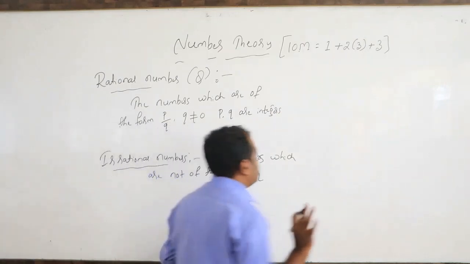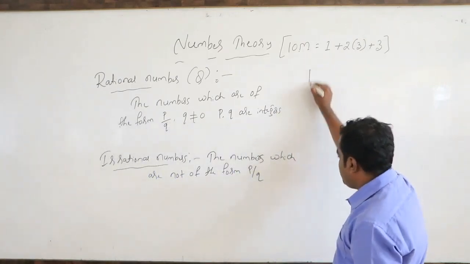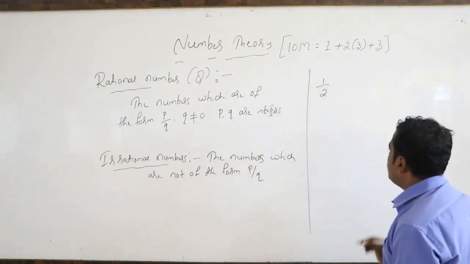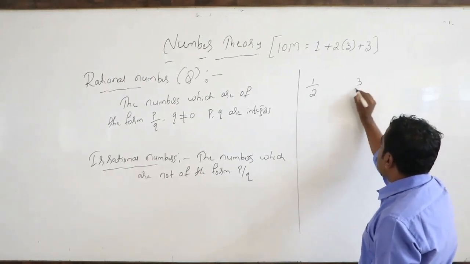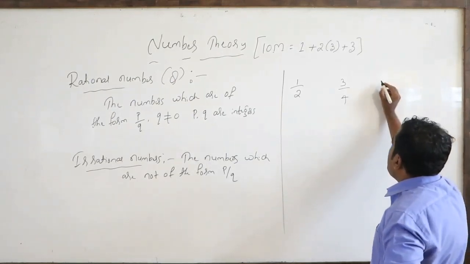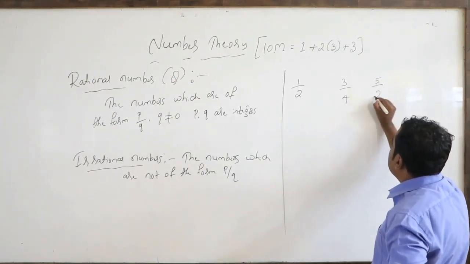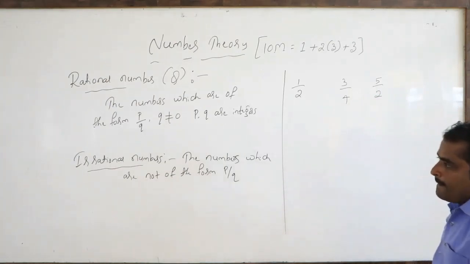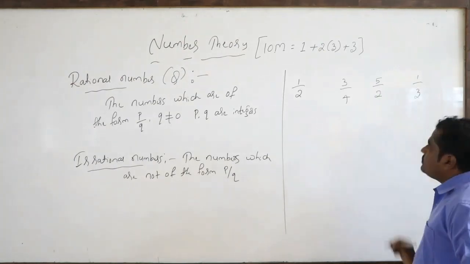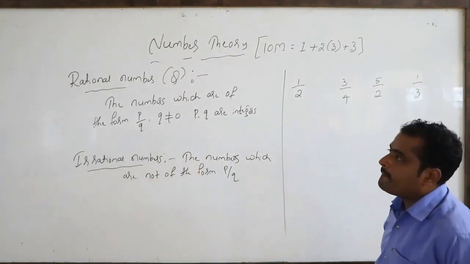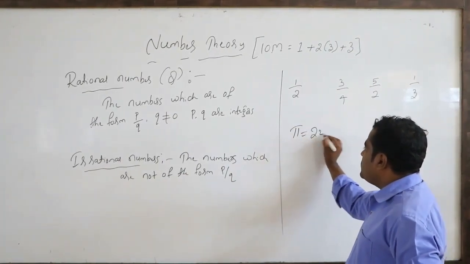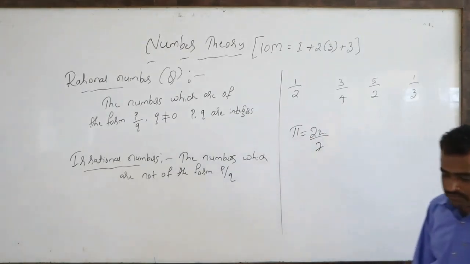So here I will give some examples. 1 by 2, 3 by 4, 5 by 2, 1 by 3, and pi value, nothing but 22 by 7.